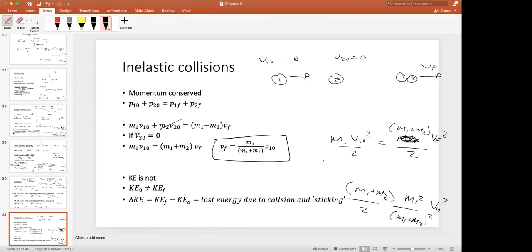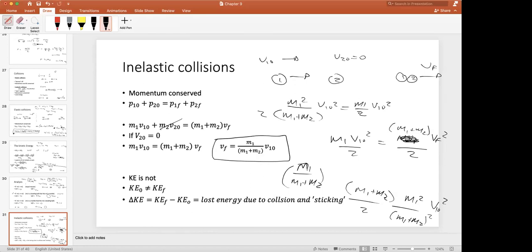This becomes M1 squared over M1 plus M2. And so if I take out V1 initial squared, that's what the right side of this equation equals. If I compare this to M1 over 2 times V1 initial squared, cancel those, I get M1 over M1 plus M2, right?